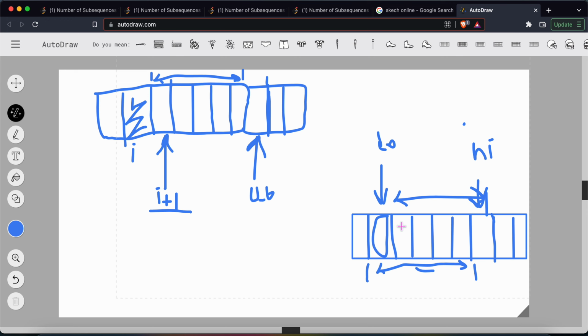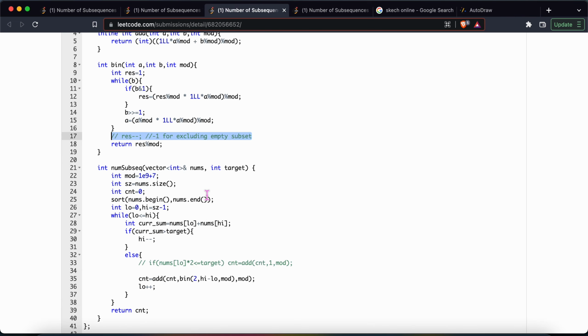So all these elements it will take, and one empty subsequence will be there. So the lowth position element will combine with all the sequences, right, and we are following this pattern only.